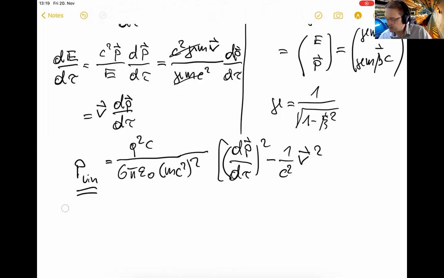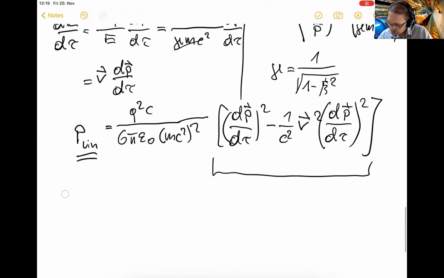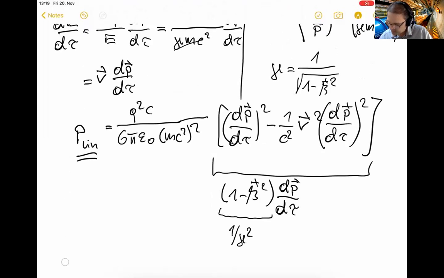I now square our result, and the same term appears. It's dp with respect to d tau squared. So this whole thing is just 1 minus beta squared times dp with respect to d tau. So that term here is just 1 over gamma squared.